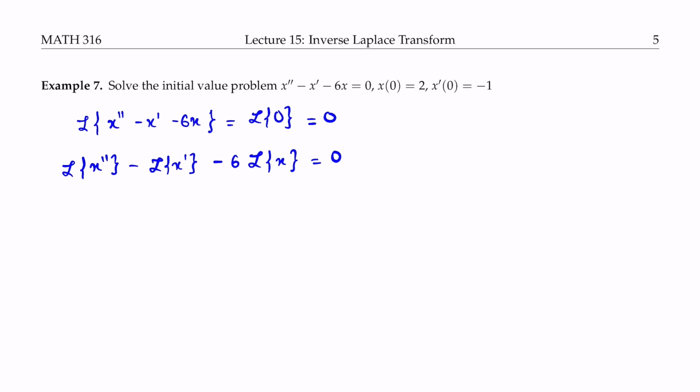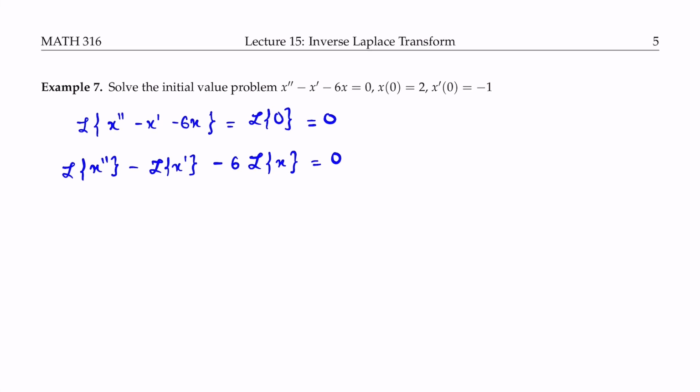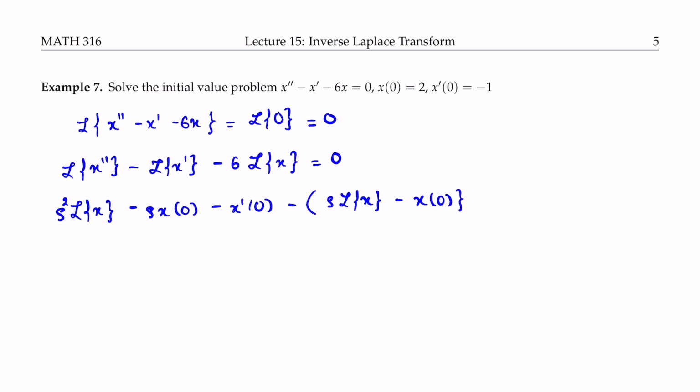Then apply the formula for Laplace transform of derivatives. So you get s squared times Laplace transform of x minus s times x of 0 minus x prime of 0, minus s times Laplace transform of x minus x of 0, minus 6 times Laplace transform of x equal to 0.